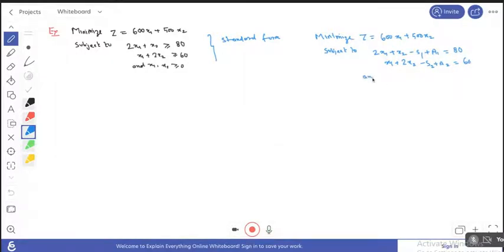So now there are s1, s2, two surplus variables, and a1, a2, two artificial variables. In general, if there are n variables and m equations, there are n plus 2m variables. Here n is 2 and m is 2, so 2 plus 2 times 2 is 6.